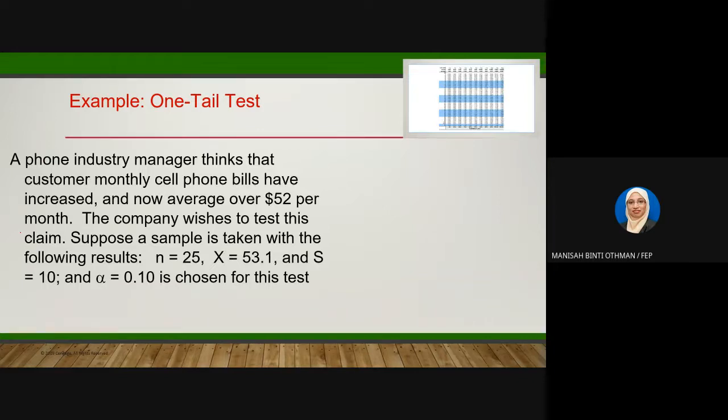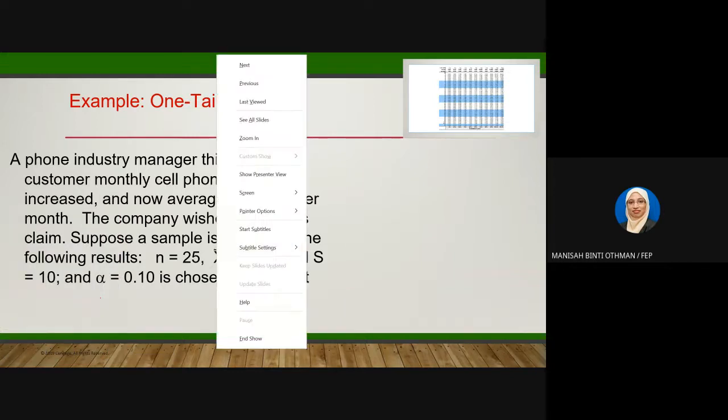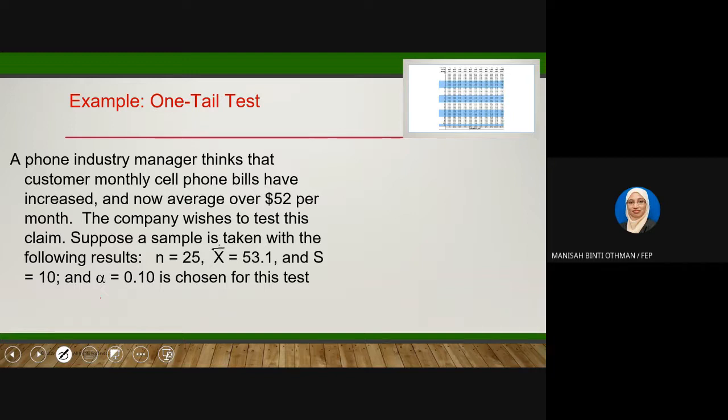Suppose a sample is taken with the following result: n equals 25, x bar equals 53.10, the sample standard deviation s equals 10, and alpha is 0.1. This is a one tail test.